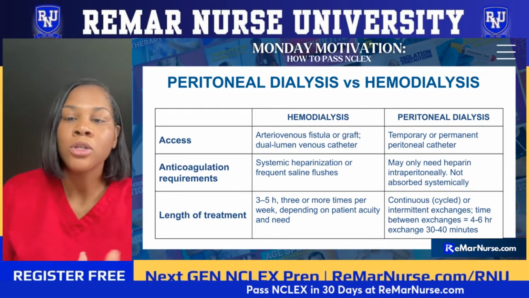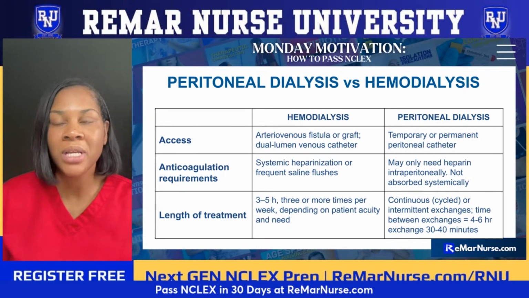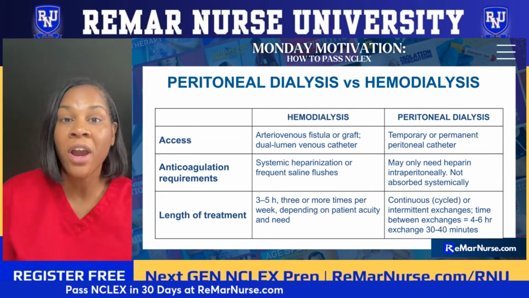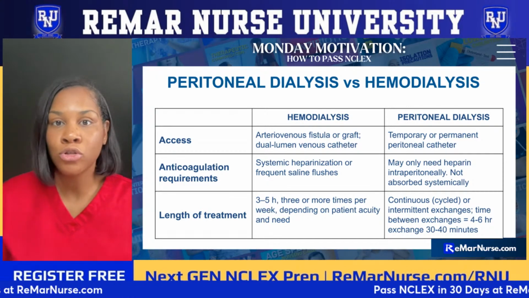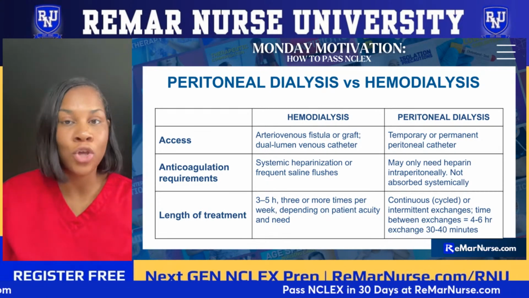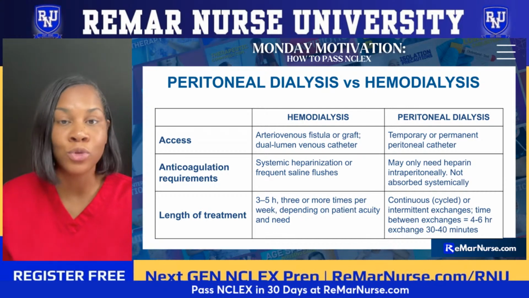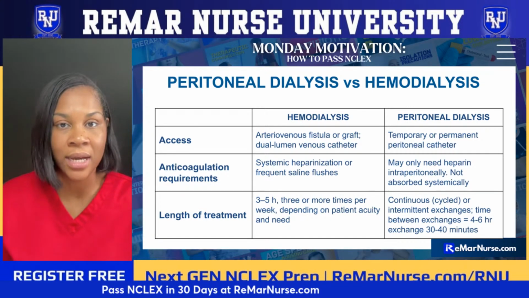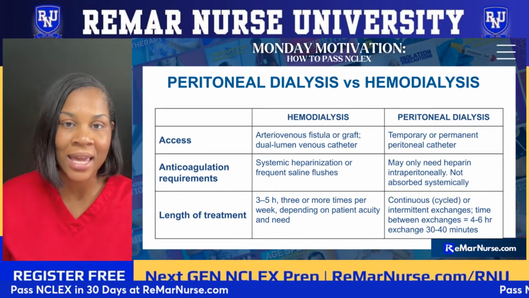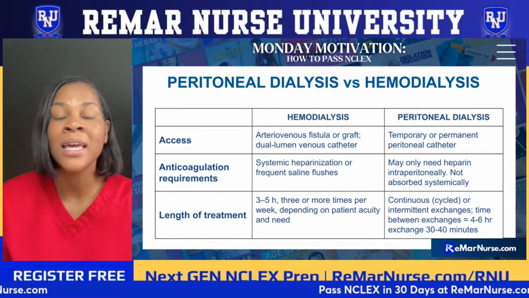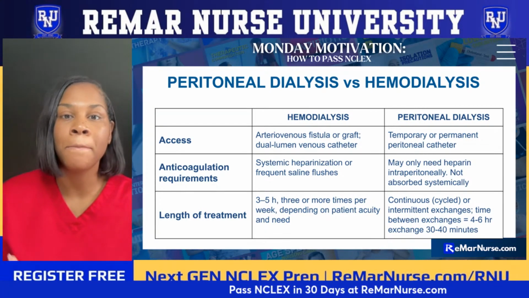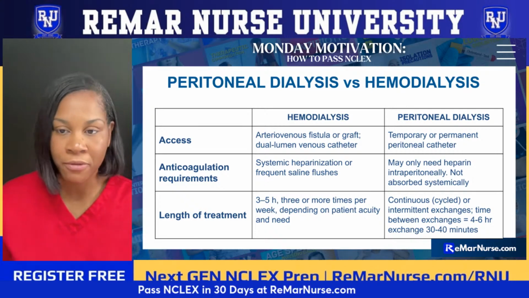Length of treatment. So the length of treatment can be pretty similar. The difference is where it's done and how the patient has to be during the time. So for hemodialysis, you have to travel to a location to get this done. Nobody has a dialysis machine sitting in their home. It's at a facility, and it has to be administered by nurses, trained professionals.